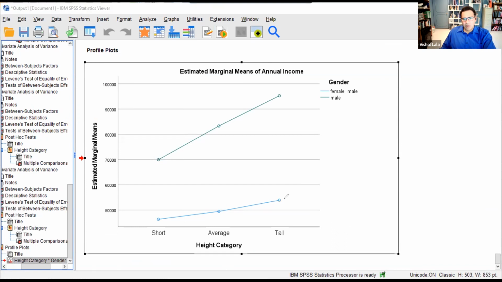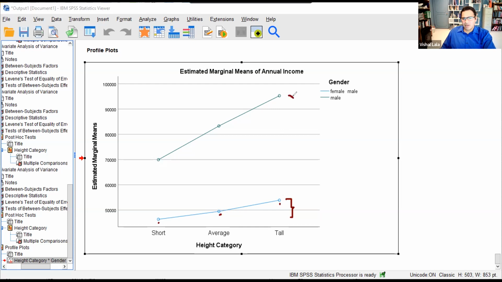For the blue line here, that's a female line. As you compare women who are short, women who are average height, women who are tall, there's clearly an increase in salary. But that increase is not huge. And obviously, I'm using this in a relative sense.